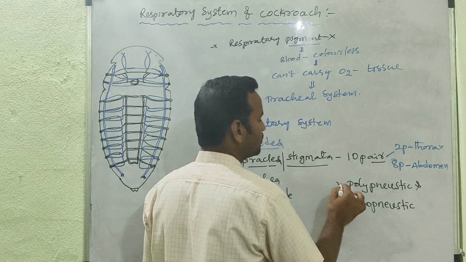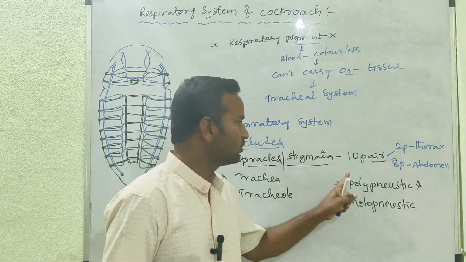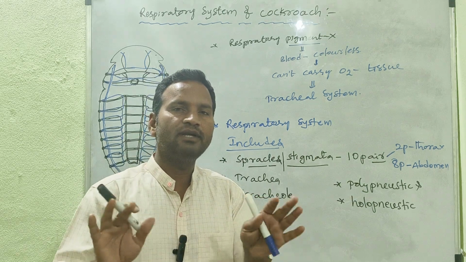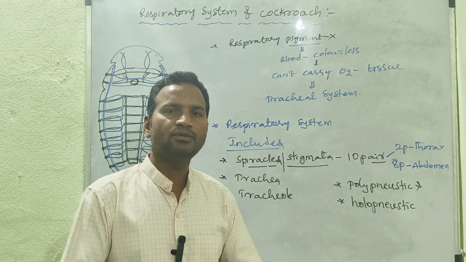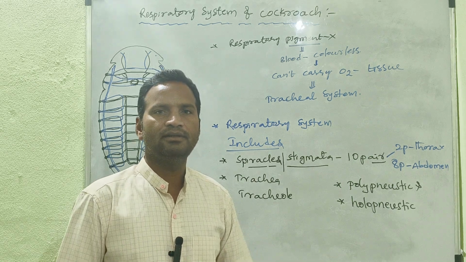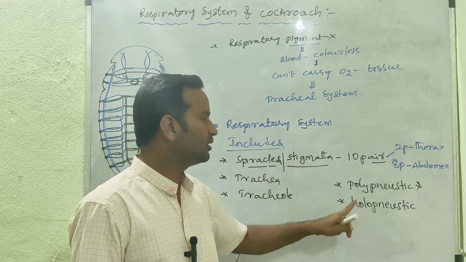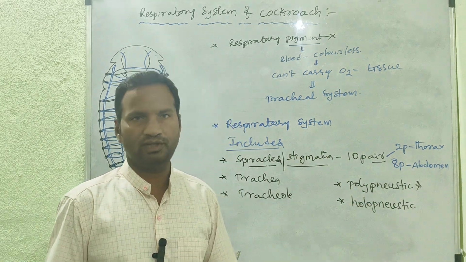What I am saying, the most important point here: based on the number and nature of spiracles, the respiratory system of cockroach is classified as polynucleatic and holonucleatic.